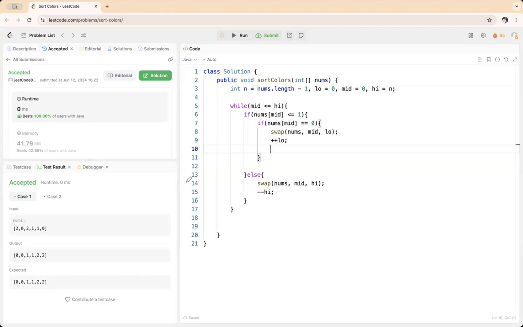So we have to increment our mid. So we'll do plus plus mid.